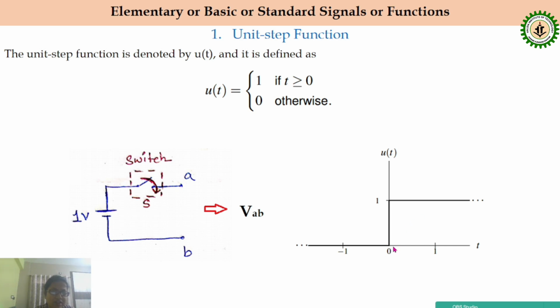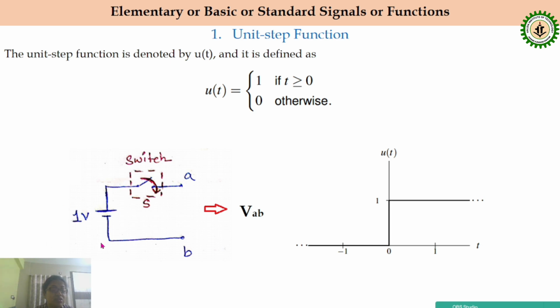You will find it takes some time to reach from 0 to 1, so you get an inclined waveform. Ideally it takes 0 time to reach the other stable value. This is one stable value, then there is a sudden change, and again you get another stable value after this transition.